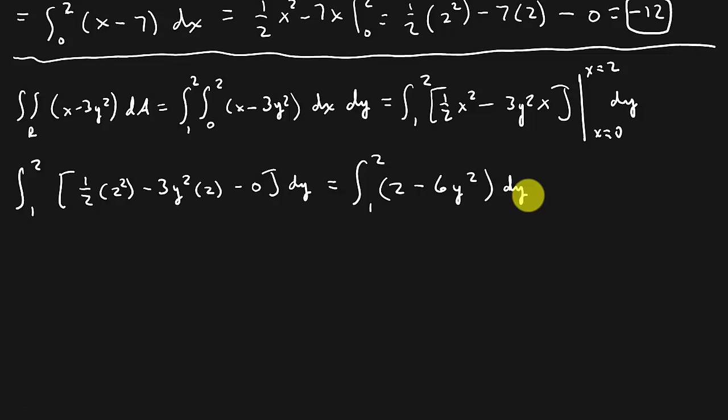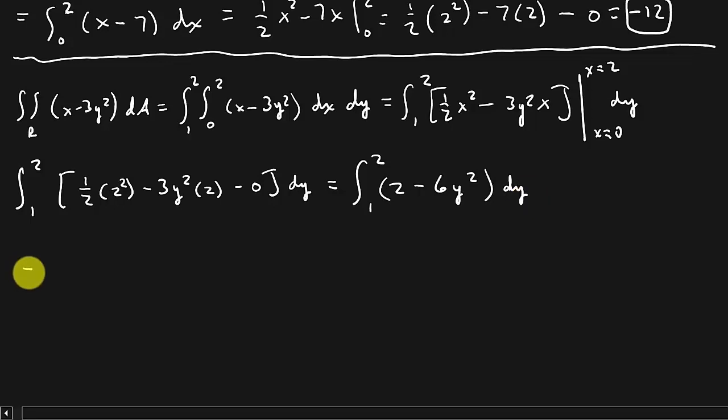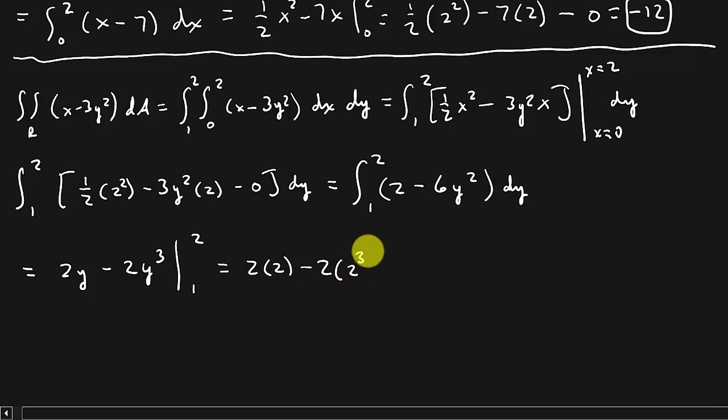And now I'm going to integrate with respect to y. So this is going to be 2y minus 2y cubed, from 1 to 2. Then we evaluate: 2 times 2 minus 2 times 2 cubed, minus, now we've got to plug the 1 in, 2 times 1 minus 2 times 1 cubed.